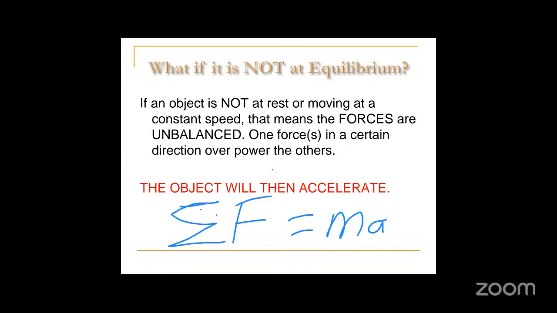So this sum of the F, we can also say that F net is equal to MA. F net is equal to MA. That is, the sum of the forces acting on the object is equal to MA. It's no longer equal to 0.